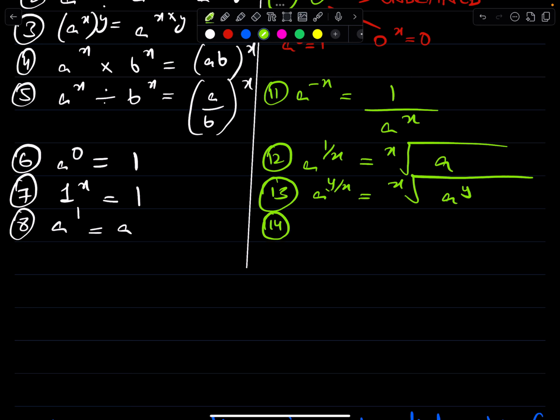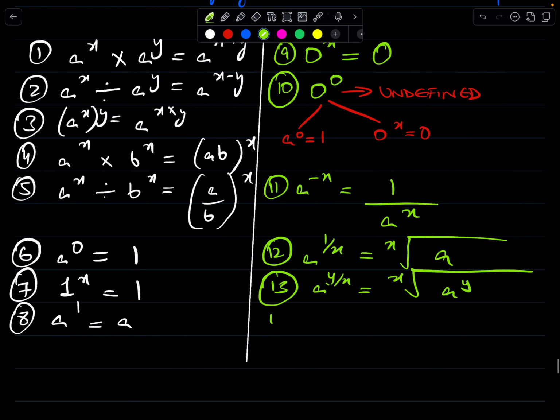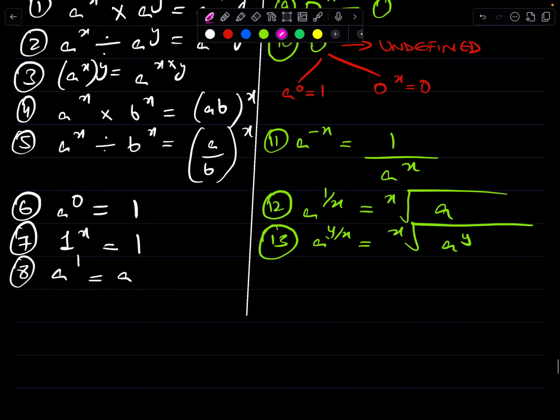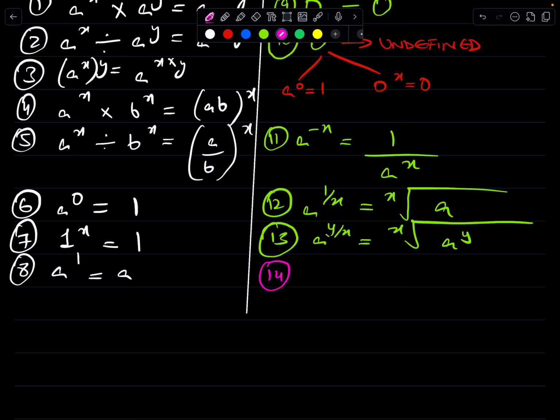And then rule number 14. What if the powers are the same, the bases are different, and there is an equals to sign in between? This is a bit different from these rules, so I write this down with a different color. Let's say pink. In this case, the powers are the same and the bases are different.